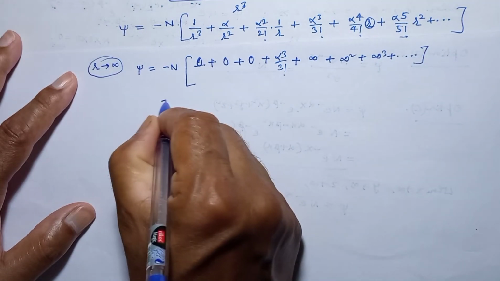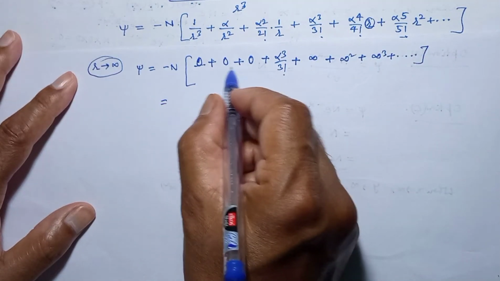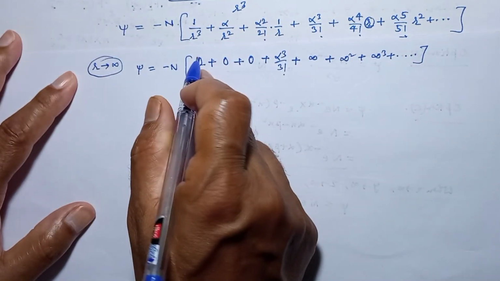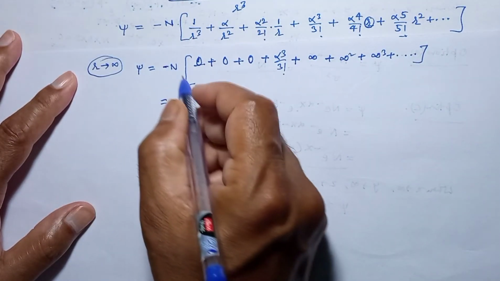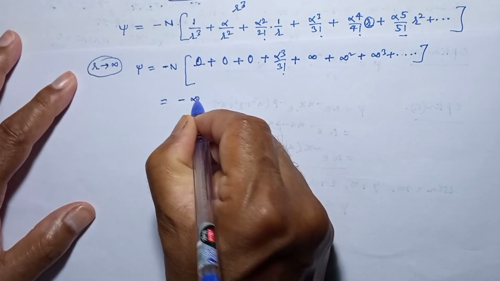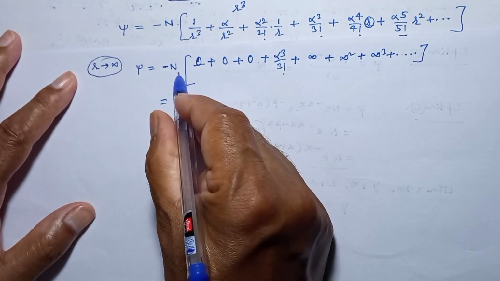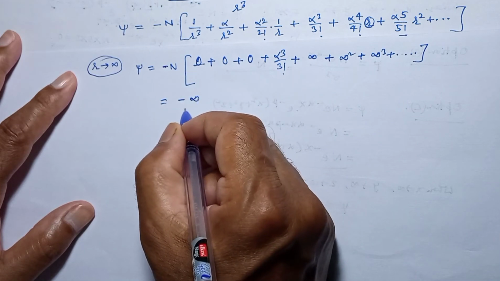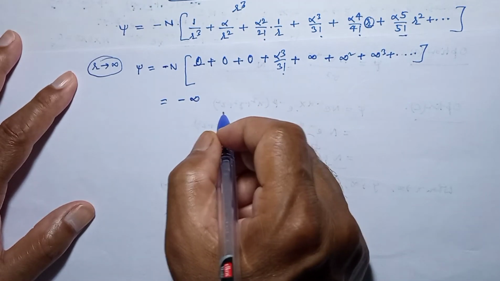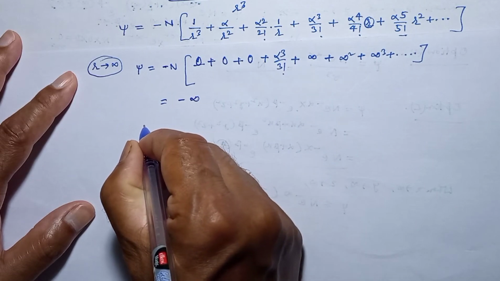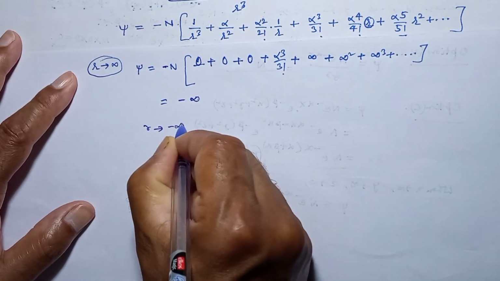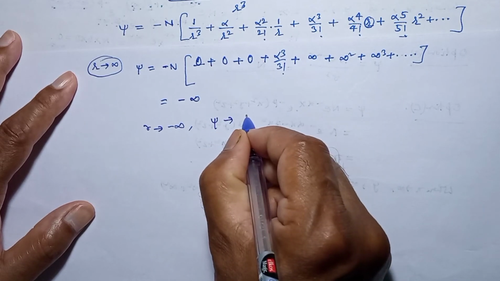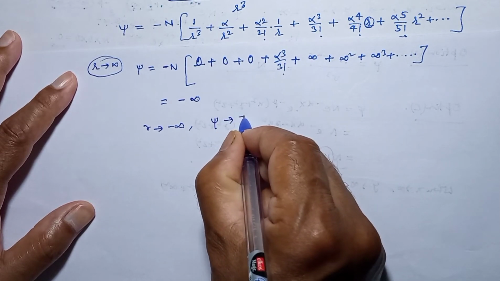In this way we find that under the parenthesis we have infinity times minus N, it is minus infinity if N is positive, if N is negative it is plus infinity. So in any situation when r tends to minus infinity, the wave function psi tends to plus infinity or minus infinity.